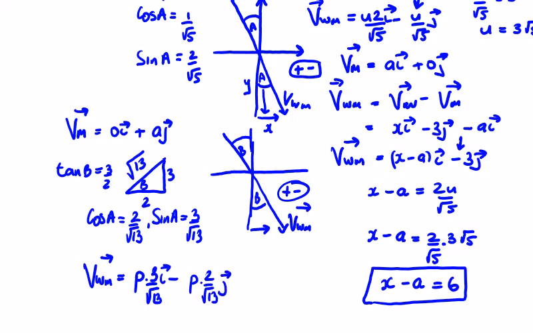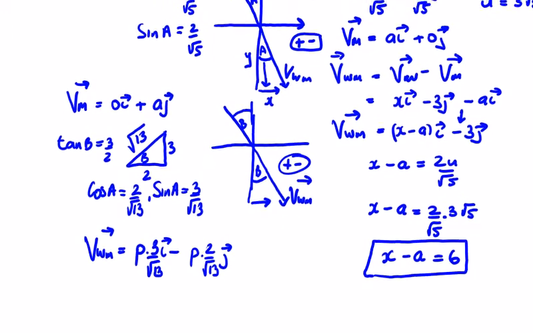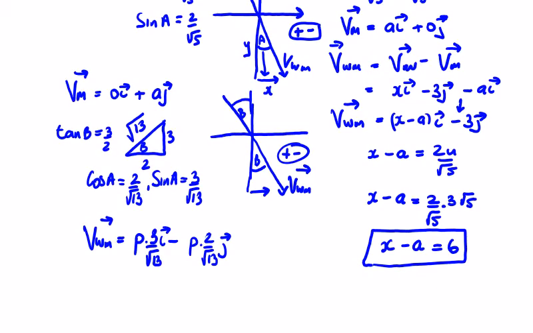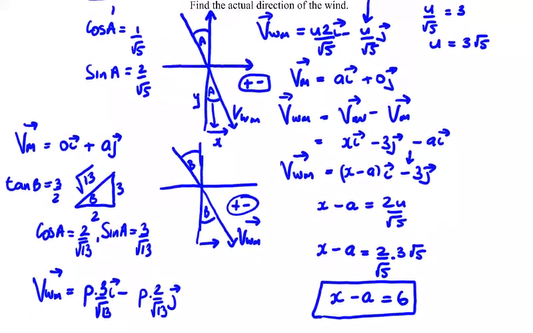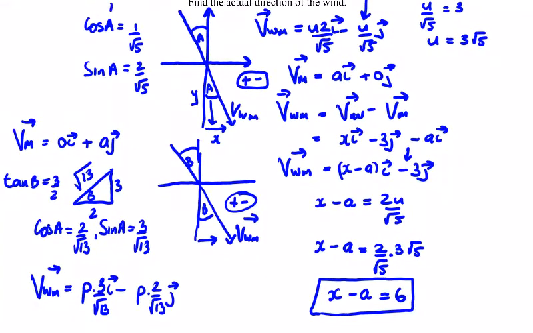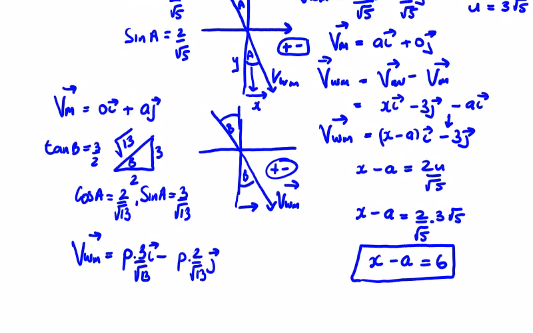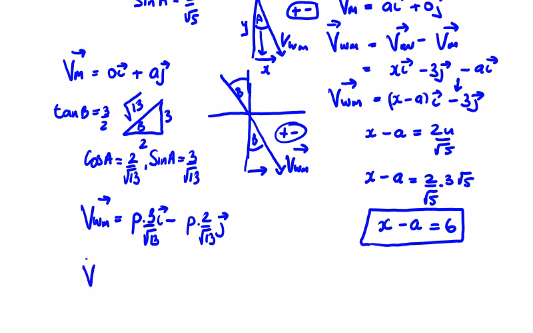In the j direction, we have the velocity of the man with 0i plus aj, so we need the velocity of the wind in this case, which we'll be able to work out. Velocity of wind, we were given x in the i direction and minus 3 in the j direction.